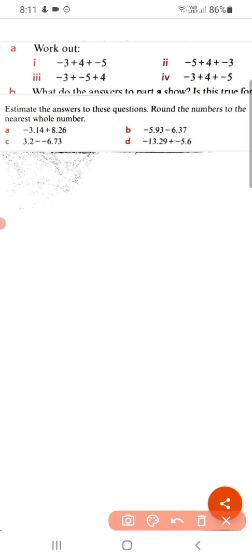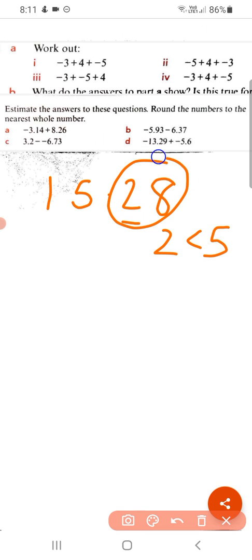Children, let me show you a few examples for rounding numbers. Suppose our number is 15.28. Check the 10th place, that is 2. 2 is less than 5. So remove this part. 15.28 becomes 15. Okay.